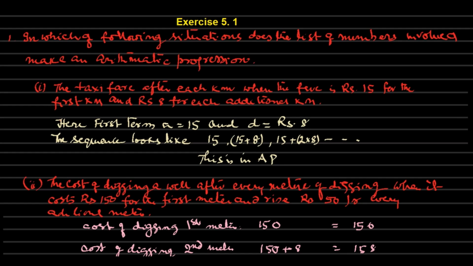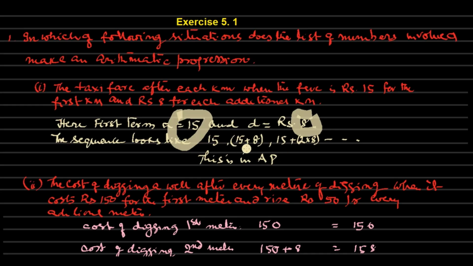When the taxi goes, our fare becomes 15. From then onwards, each kilometer it adds 8. So here first term becomes 15. This one becomes the first term. This becomes the common difference. So they form AP.